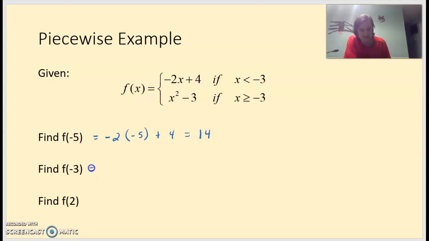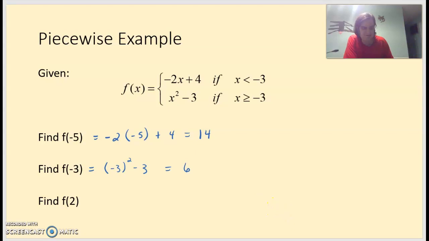The next one, negative 3. We go to the first one. Is negative 3 less than negative 3? Technically, no. Is negative 3 greater than or equal to negative 3? Technically, yes. So we'll use the second formula. Negative 3 squared minus 3 is 9 minus 3, which gives us 6.